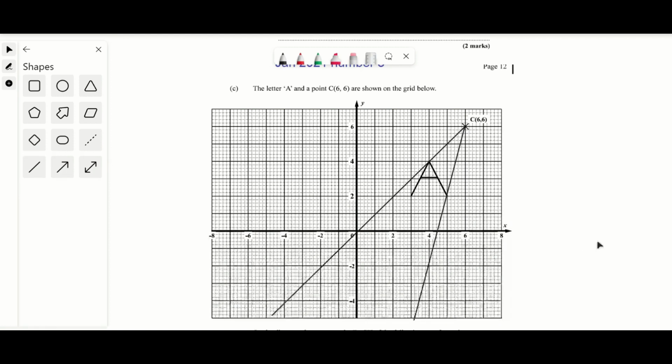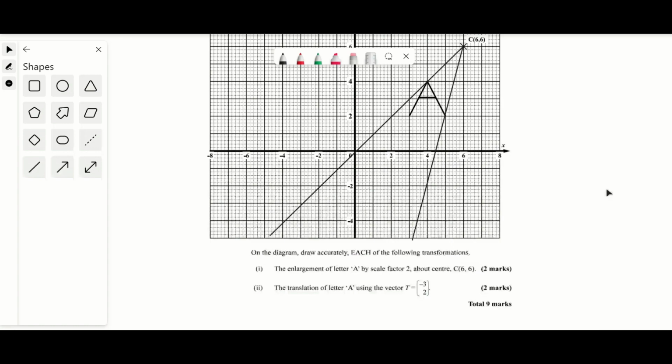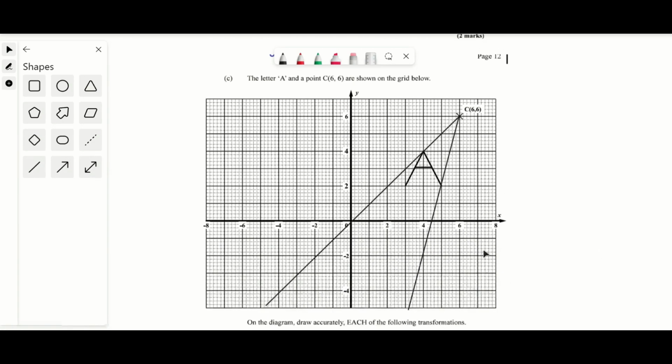So what we are going to do is look at the difference in this line here, from the first line to the last line here, which is 2 units. So the length from this line here to this line here is 2 units. And if they tell you it's a scale factor of 2, that means that you need a distance of 4 units from your first line to your second line.